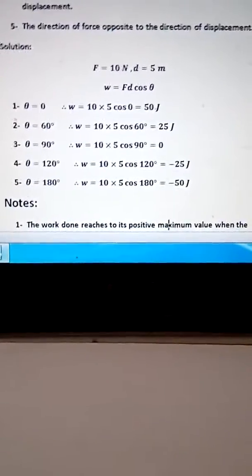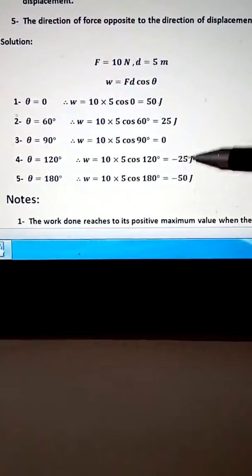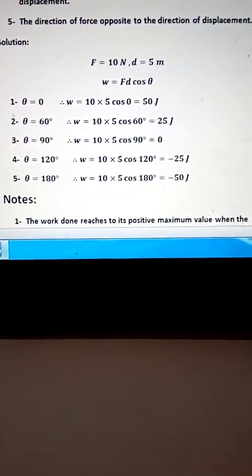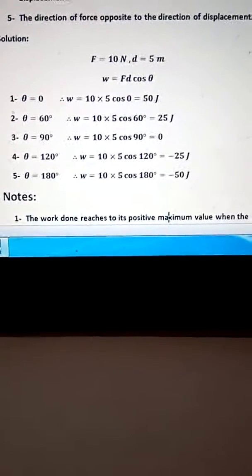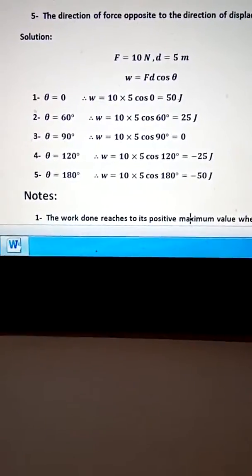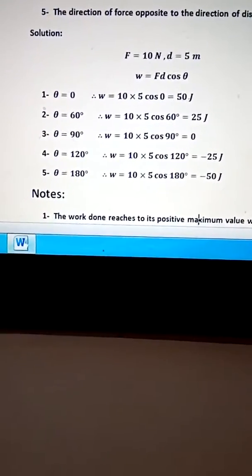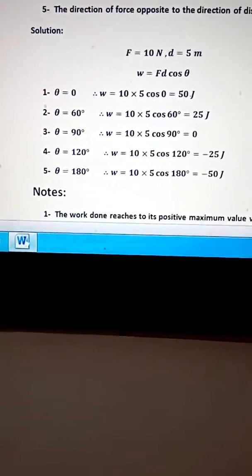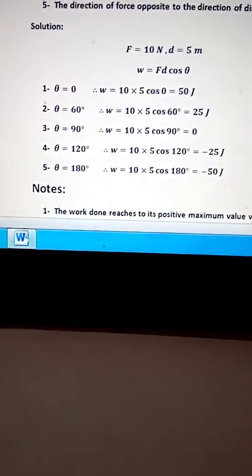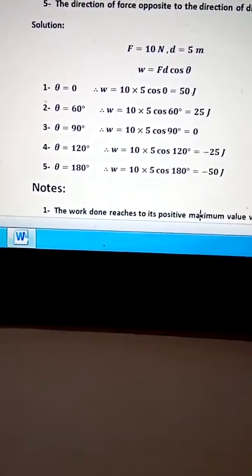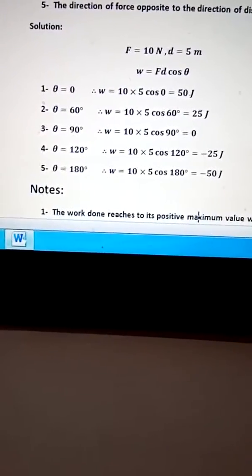It means that work done may be negative when the angle between the direction of force and displacement is an obtuse angle, such as work done by the friction force, resistance force, braking force, and your weight when you move up a ladder. In all cases, work done is negative because the direction of force is opposite to the direction of displacement.